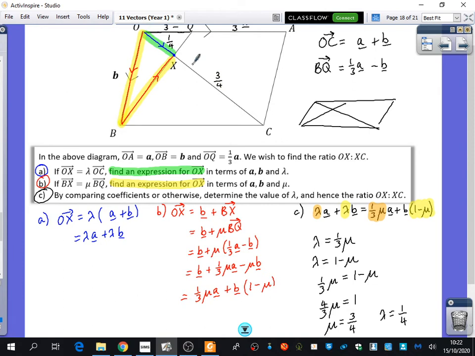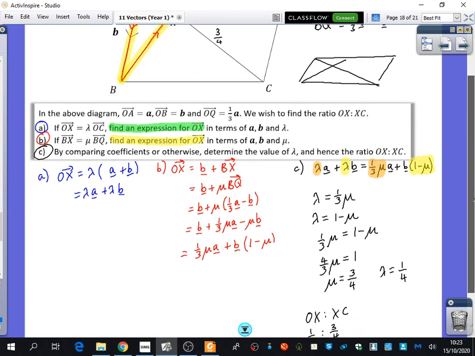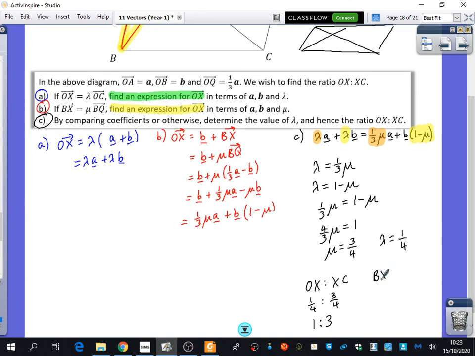So OX to XC, we can either say that it is a quarter to 3/4 and multiply both of them by 4, so we get 1 to 3. And I'm going to ask for something extra that the question hasn't asked for. I would like to know what is the ratio BX to XQ.